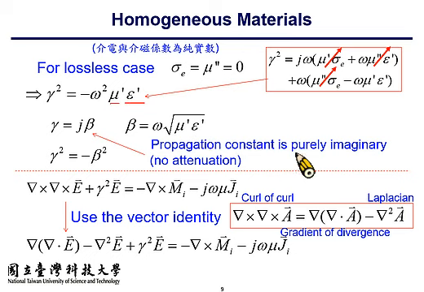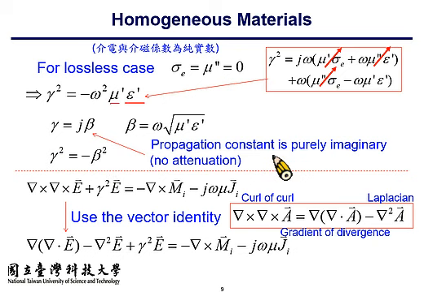So the propagation constant is purely imaginary. In that case, there's no attenuation. The alpha, the attenuation constant, equals 0. So for the lossless case, gamma squared equals minus beta squared.